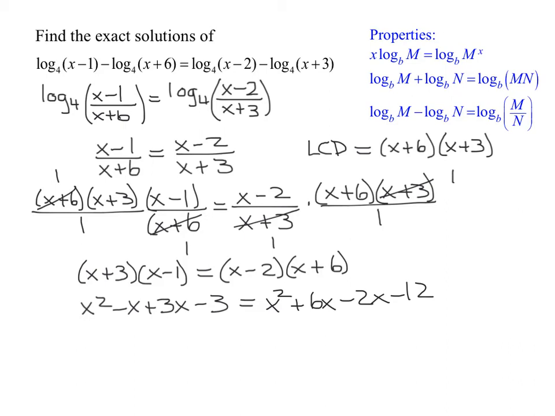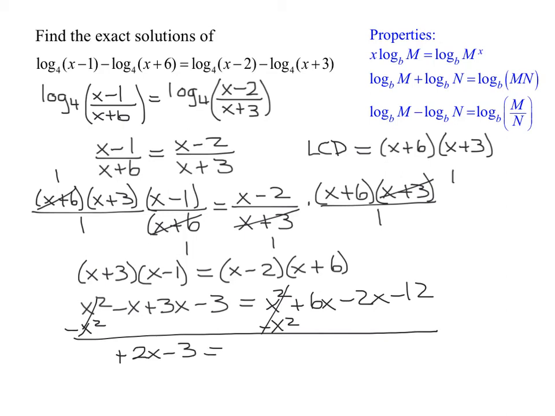It looks like a quadratic equation since I have x squared and an x squared, but if you notice, if I subtract x squared from both sides, my x squareds totally reduce away and I get negative x plus 3x. I can combine those. I'm going to get 2x minus 3 equals 6x minus 2x is 4x minus 12. So I have a nice little linear equation. Let's get all my x's on the right-hand side.